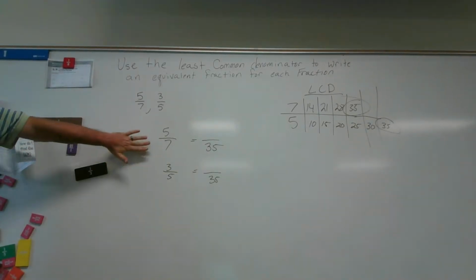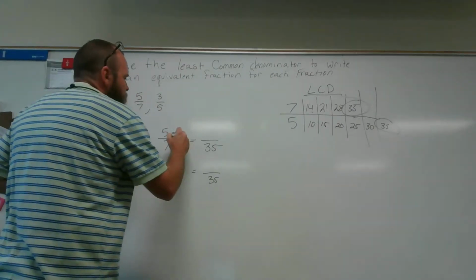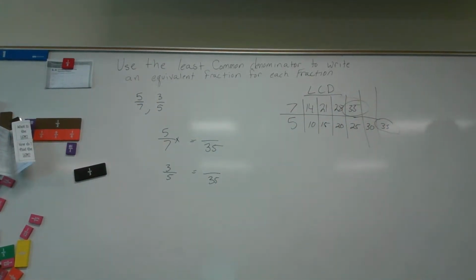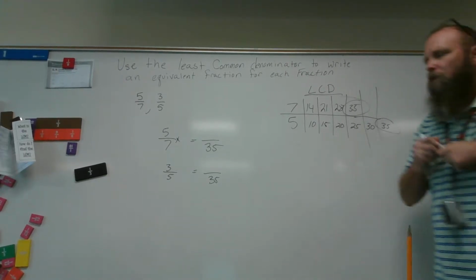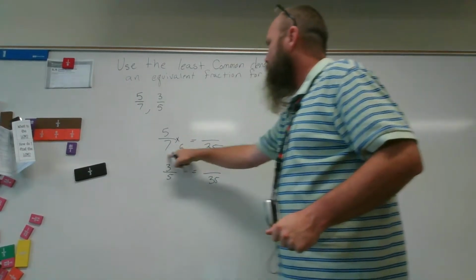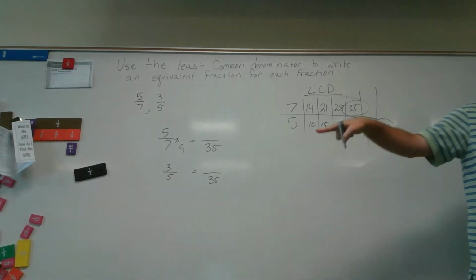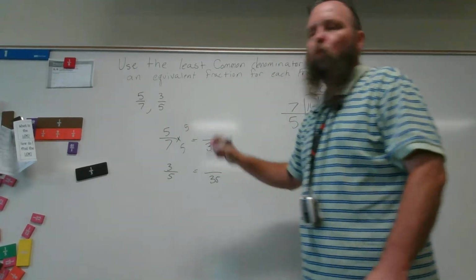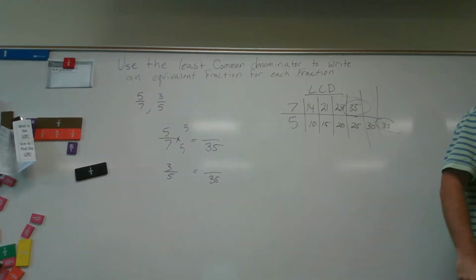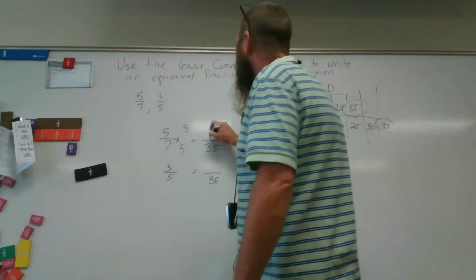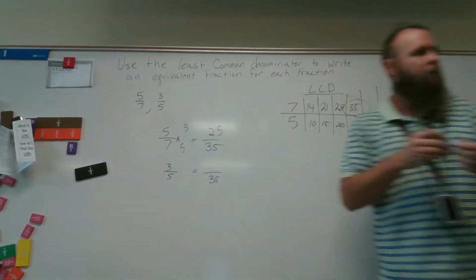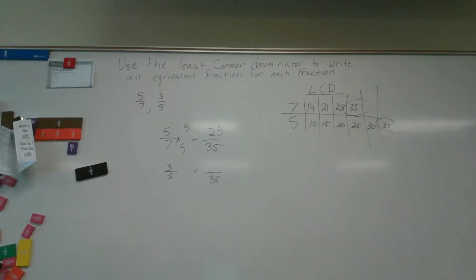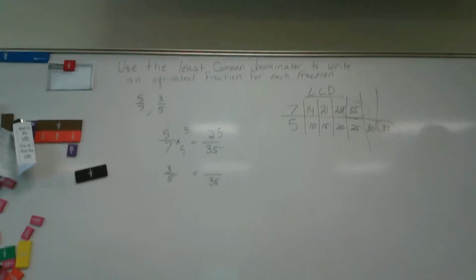Cora, what am I going to multiply 5/7 by that'll give me a denominator of 35 and make an equivalent? 5, because 7 times 5 is 35. So once I fill in the blank, I know 5 times 5 is what, Cora? 25. And then we have 3/5.